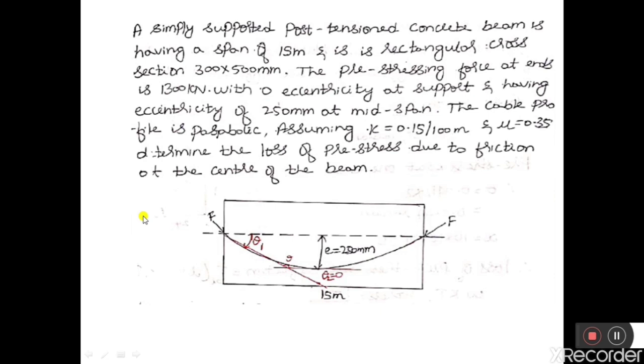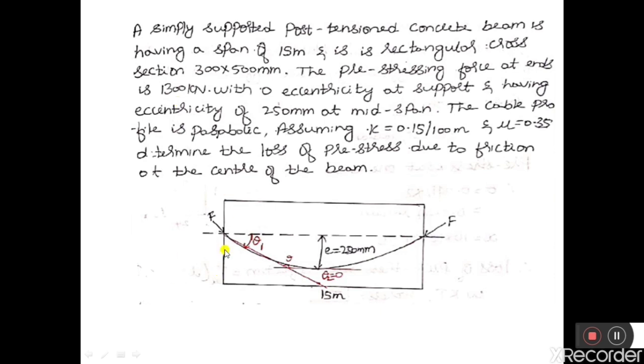So here in this question they have asked us to calculate the loss of prestress due to friction in the given beam. For this beam, an initial prestressing force is applied from both the ends. The prestressing force at both the ends is 1300 kN.